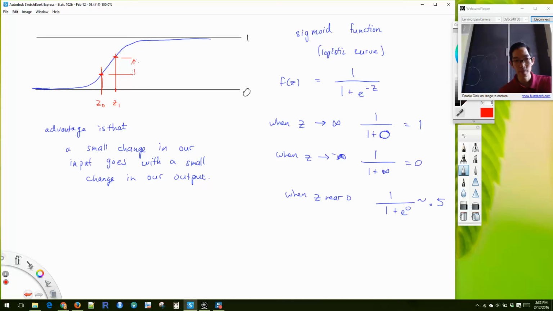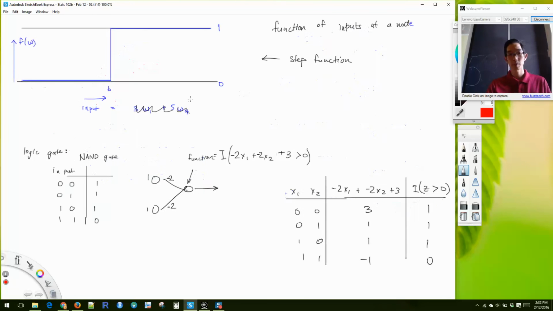Whereas with the step function, if you're over here, a small change in z produces no change, okay? But if your change happened to be right here to right here, maybe a small change suddenly causes you to jump from 0 to 1, okay?